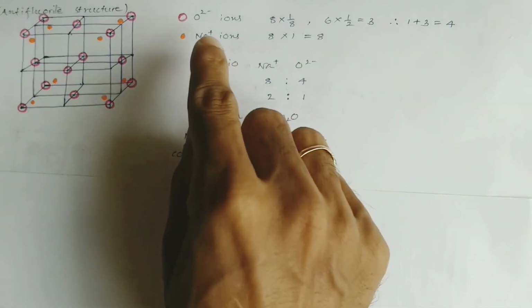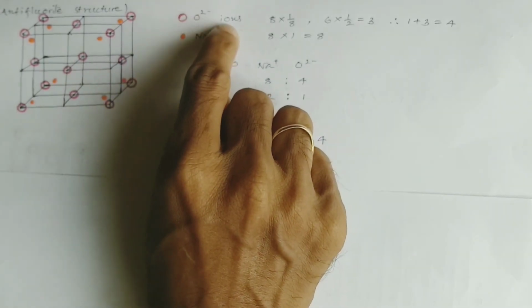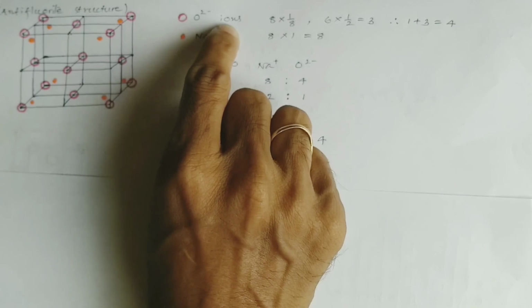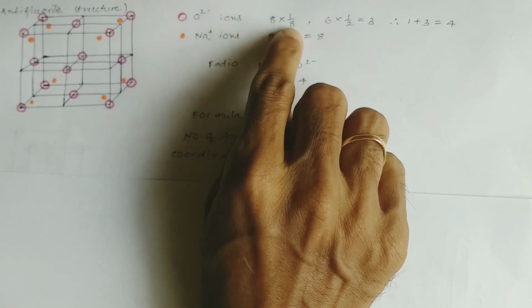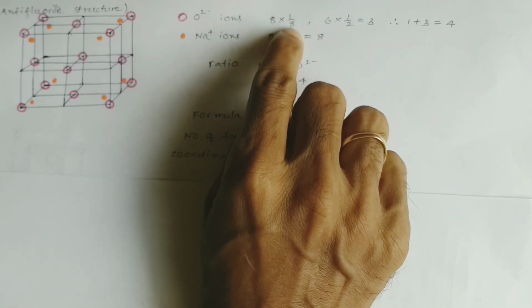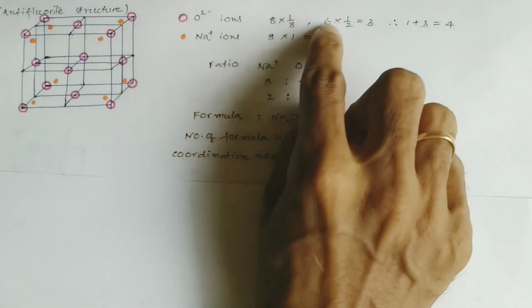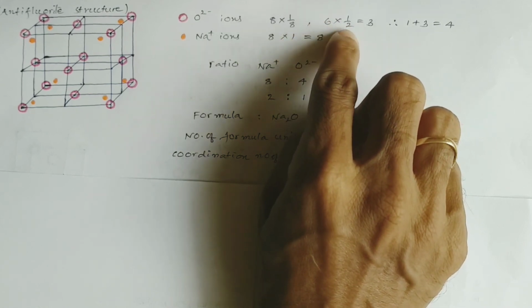So let us see the contribution. Oxide ions, they are present in the corners. So what is the contribution of each ion in the corner? That is 1 by 8. So number of lattice points into contribution of each lattice point. Similarly, they are occupying faces, as there are 6 faces, and contribution of each face centered position is 1 by 2.